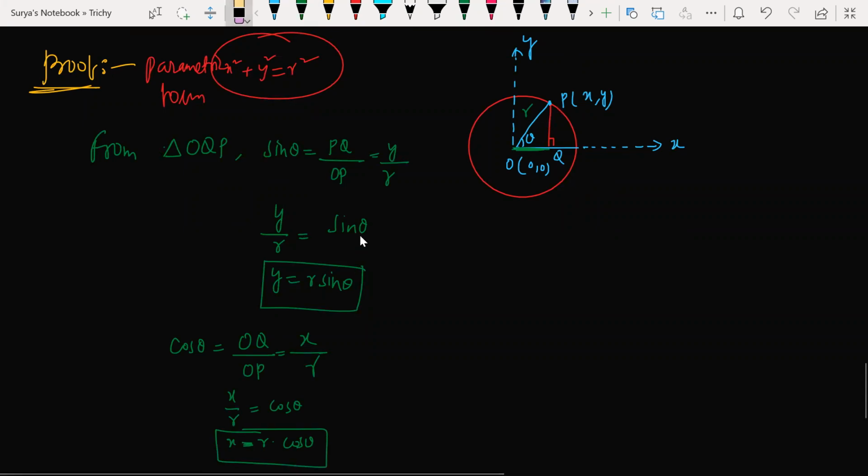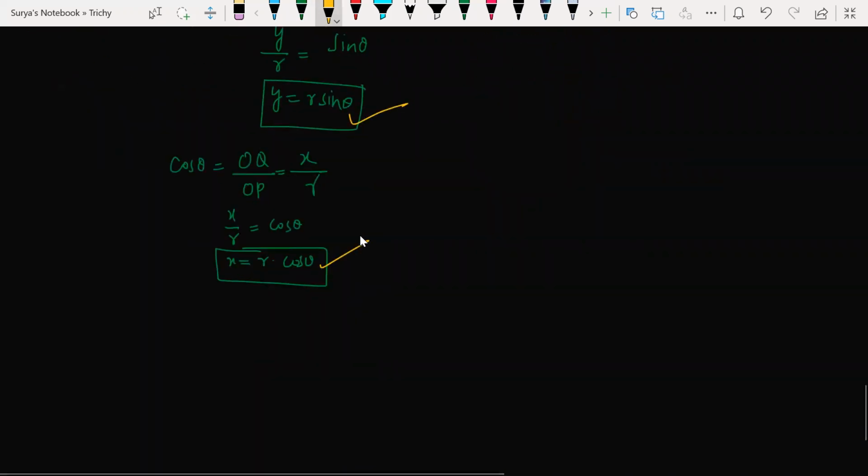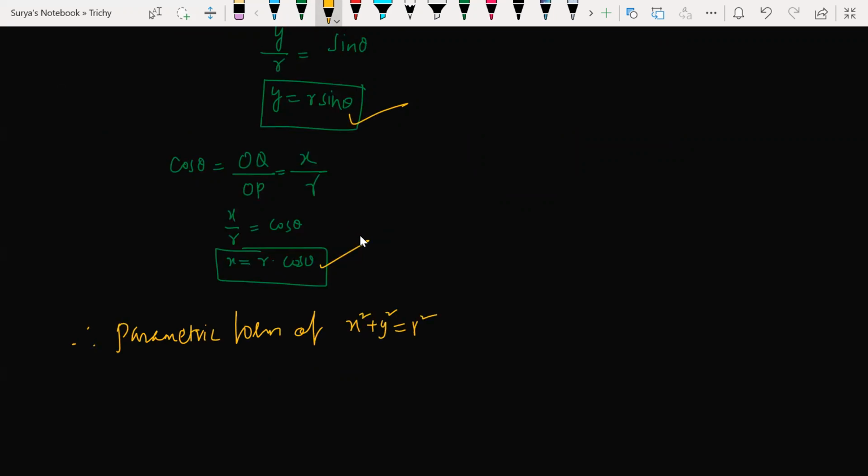Any doubt, beta? Any doubt, guys? No doubt, sir. Very simple, right? So x and y coordinate. So therefore you can simultaneously just go with everywhere. So therefore the parametric form of the circle, क्या बताएगा?